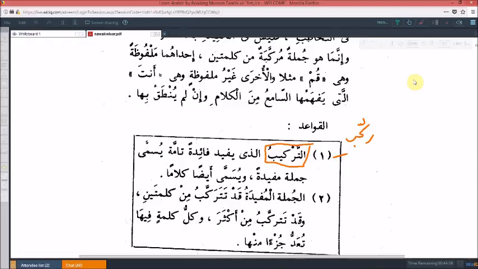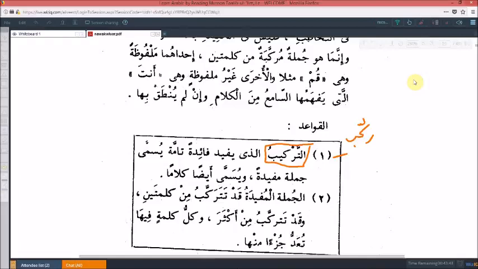It's not emphasis here. It means it could be made up of or built from two words, كلمتين. وقد تتركب, and it could be built or made up of, consist of more, من أكثر, more than that.